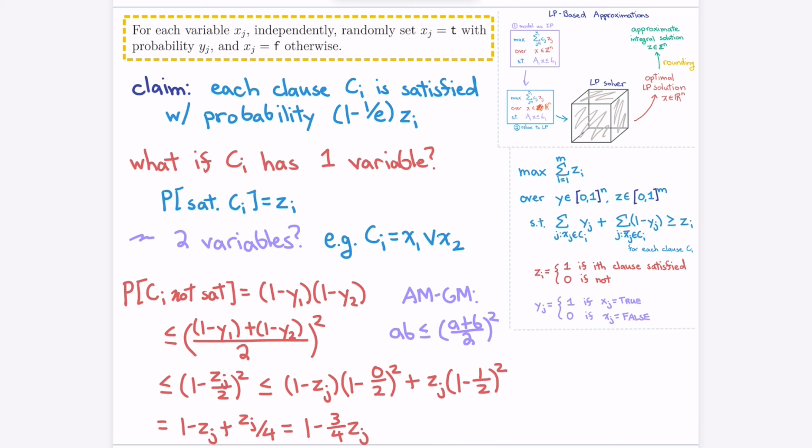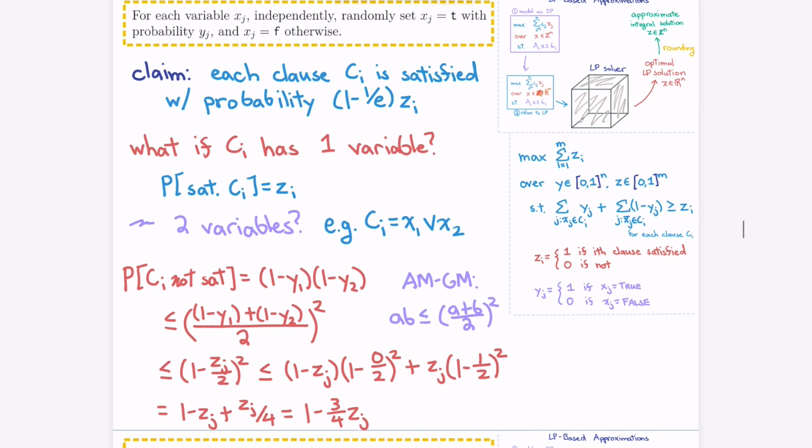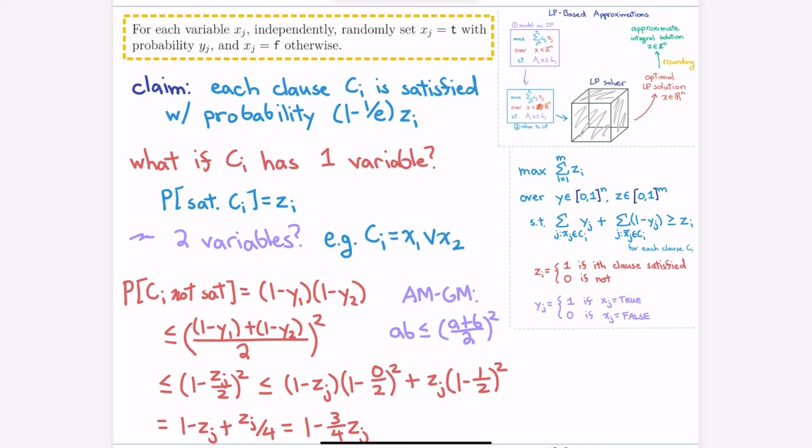I thought there was going to be a picture here. Oh, there's no picture. That's okay. But by convexity, you're going to get something like this, just like we did before with the tangent line above the curve, and you'll get 1 minus 3/4 z_j. So the point is you can get 3/4 if there's two variables. Okay. So again, that's better than 1 minus 1 over e.